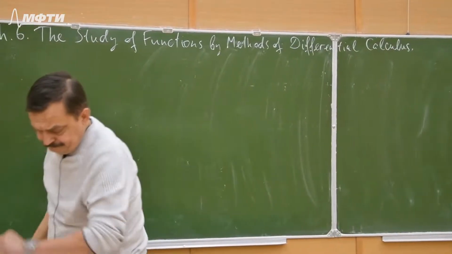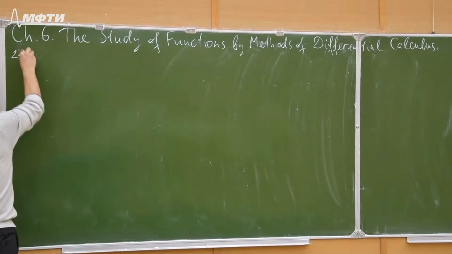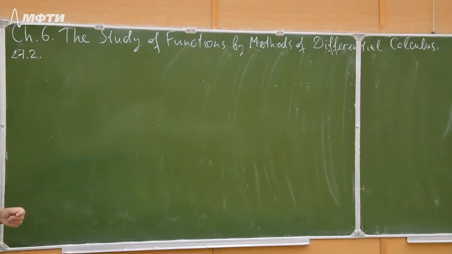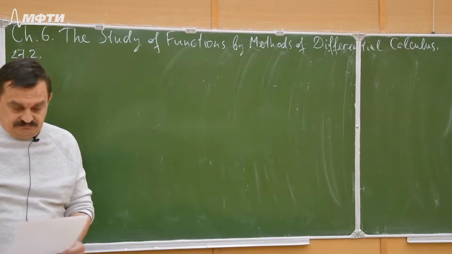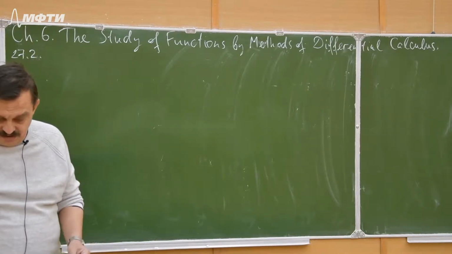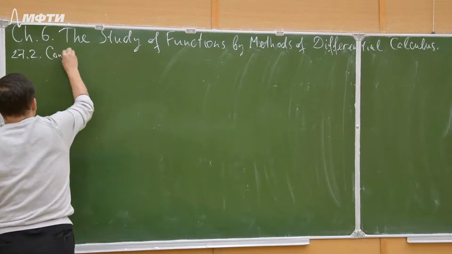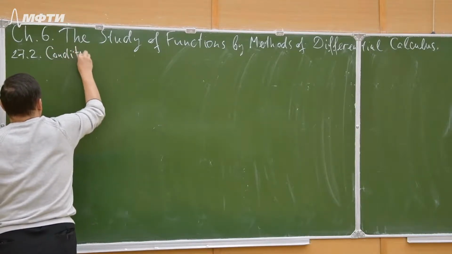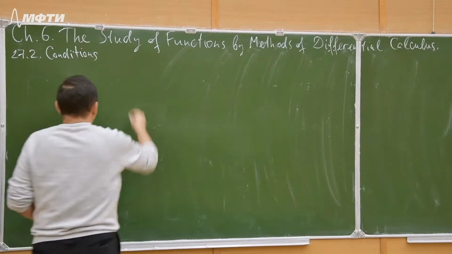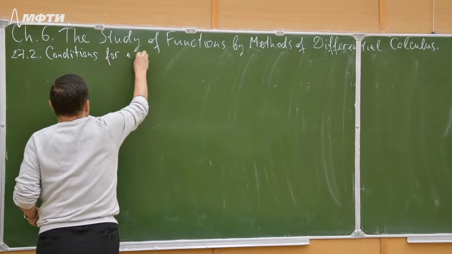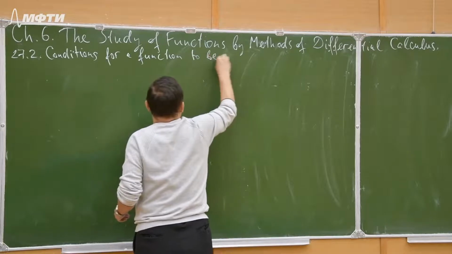And a very short section 27.2 then, and let it be just one theorem. Conditions, how it is called, for a function to be monotonic.